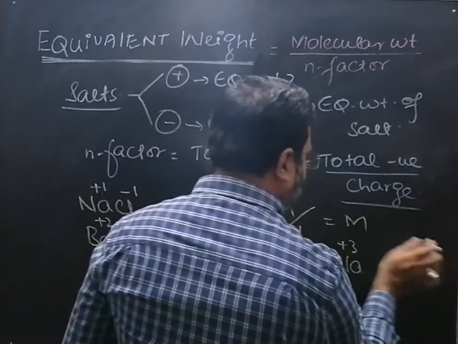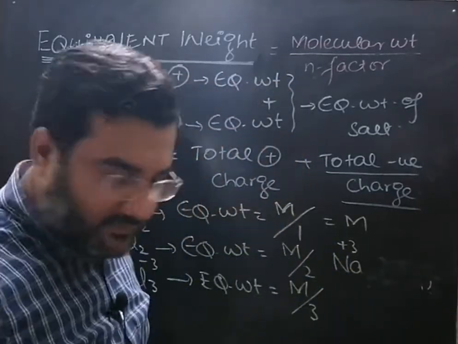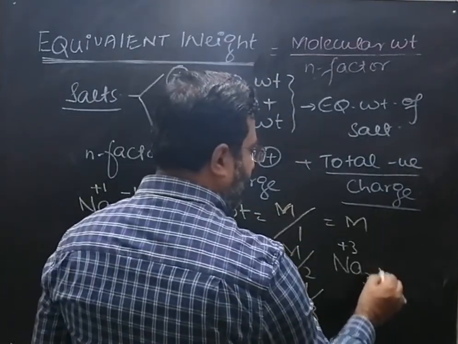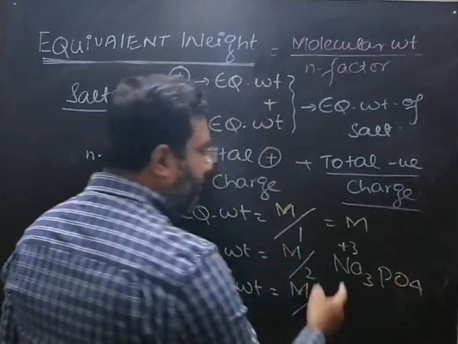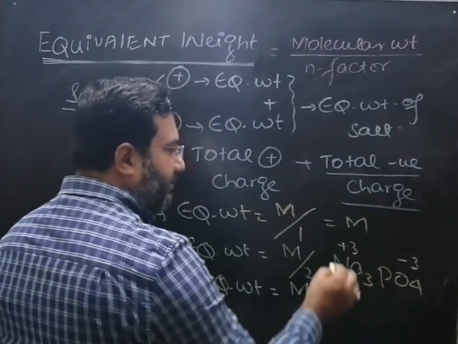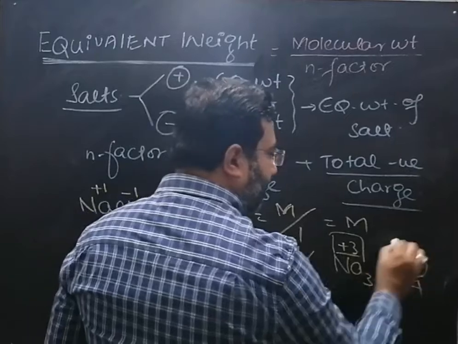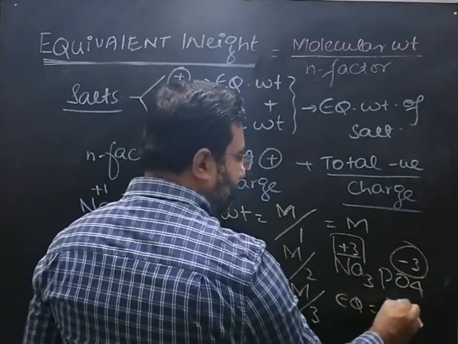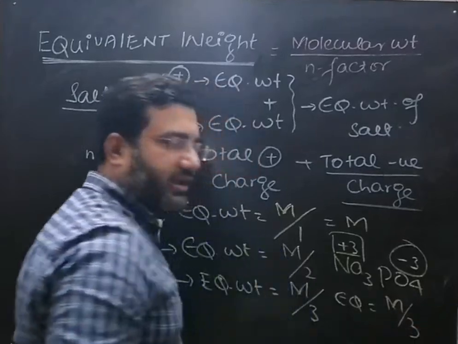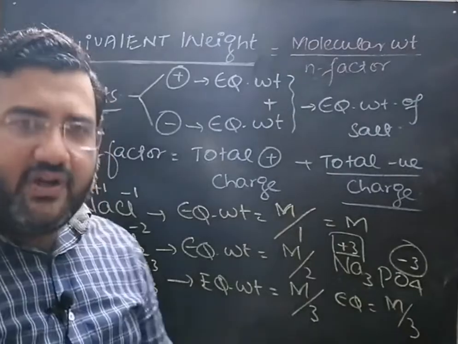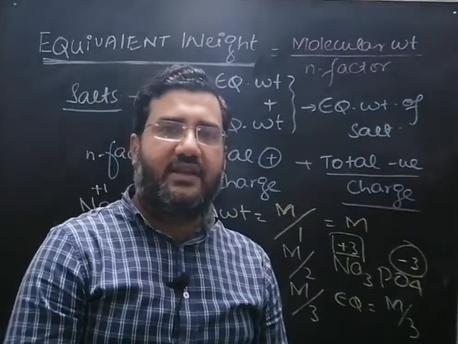That is Na3PO4. So the total positive charge is +3 and the total negative charge is -3, meaning the charge is actually 3. So its equivalent weight will be equal to its molar mass divided by 3, or its molecular weight divided by 3. In this way, the equivalent weight of salts is calculated.